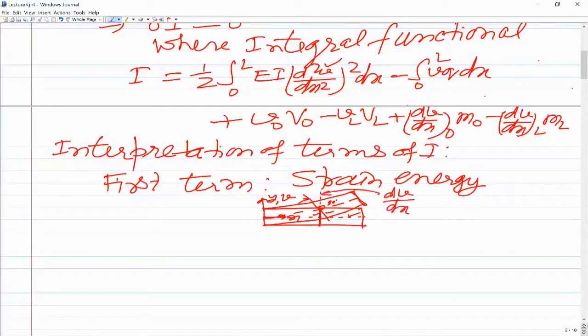If I want to look at the displacement of any point, suppose I had a point over here and this point has now gone over here. The displacement of this point is basically this distance.